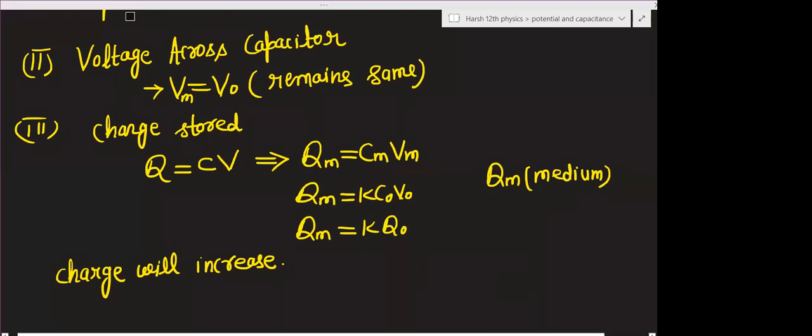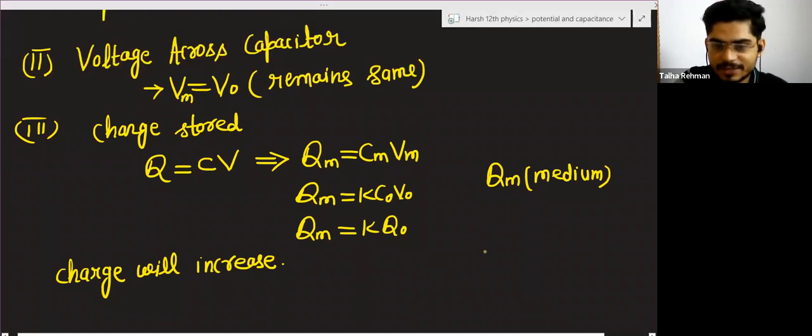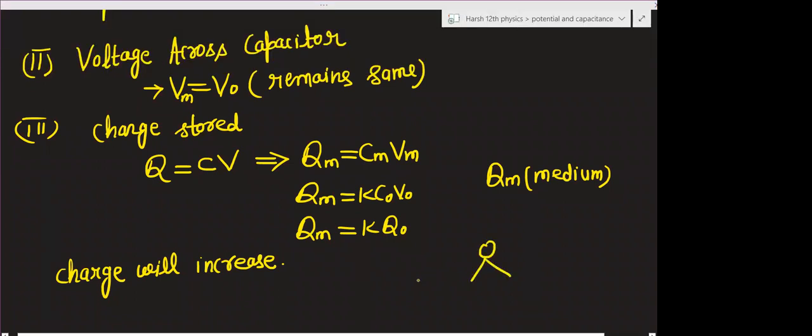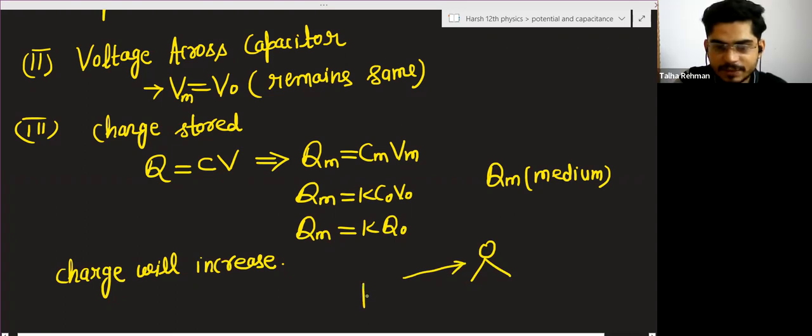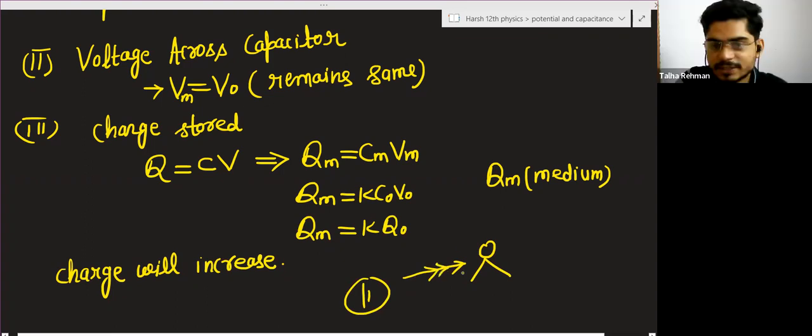Can you please repeat? Okay. I am saying this is you, and someone, here a battery, is giving you charge again and again. So will the charge on you increase or decrease?